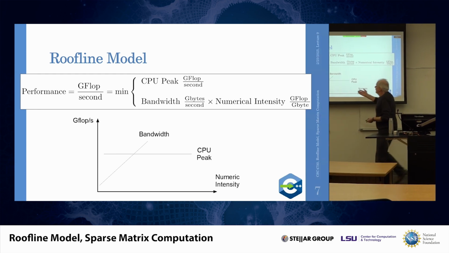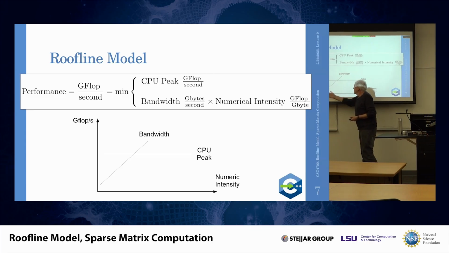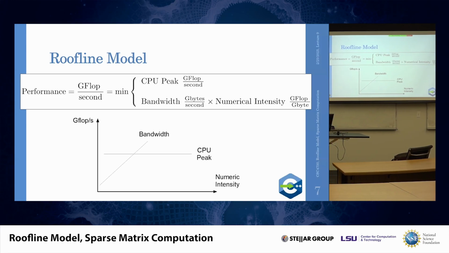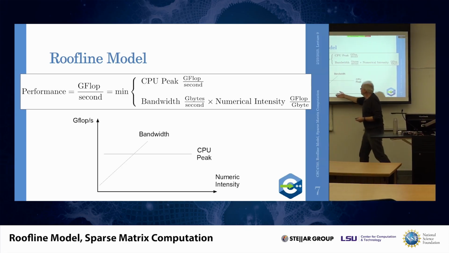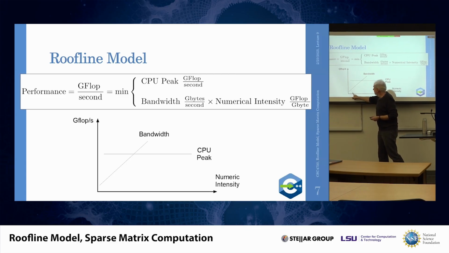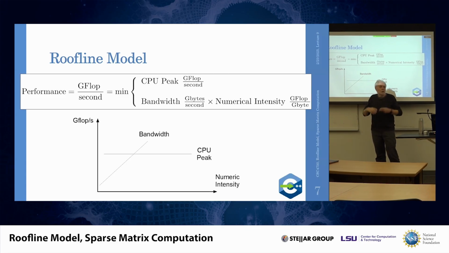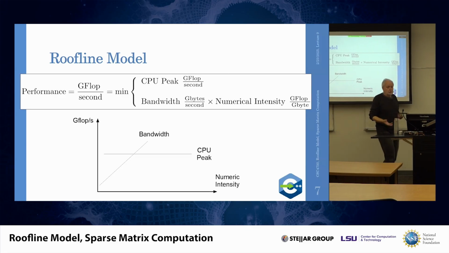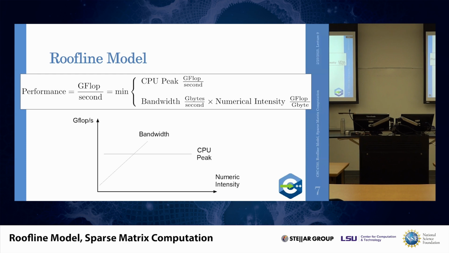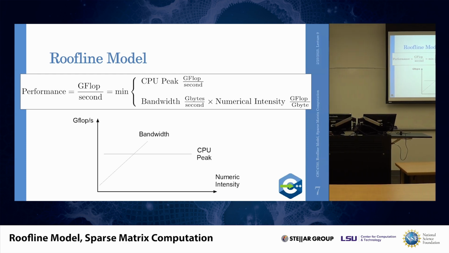On the other hand, the bandwidth is a kind of sloped line, because the maximum performance you can reach depends on the numerical intensity. If you have a very low numerical intensity, then you have to move a lot of data for only a few operations, and that means you're hitting the maximum of achievable performance very early on.